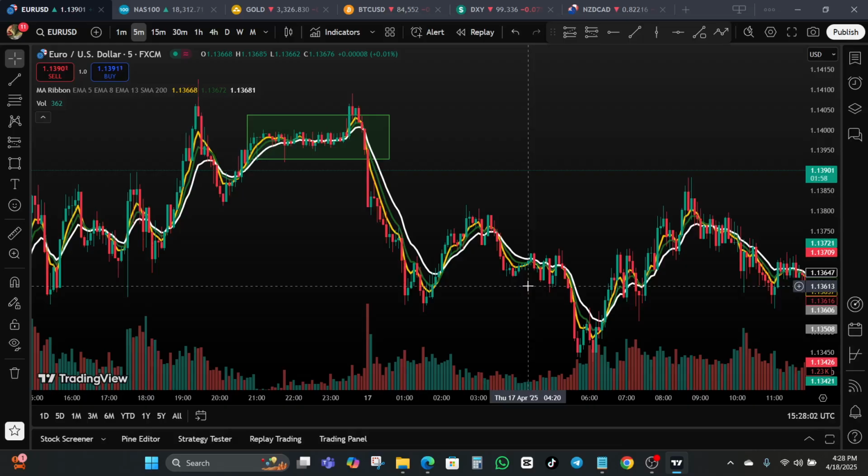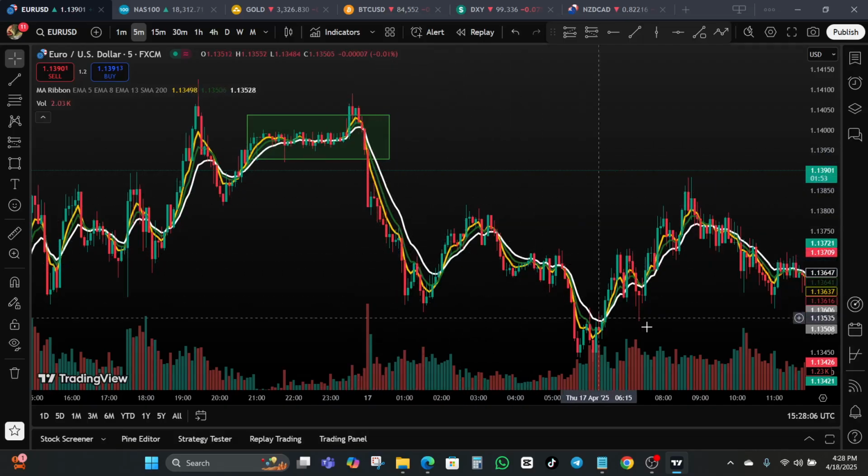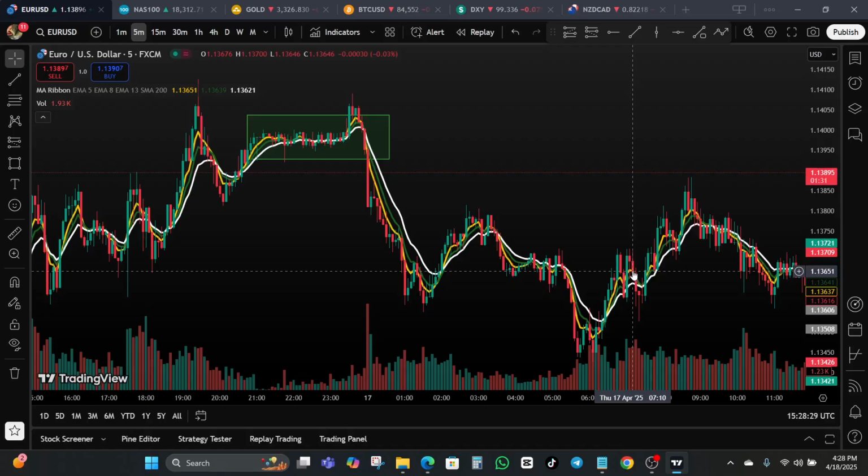So basically, when the market is trending, be it a downtrend or an uptrend, this strategy keeps you in flow with clean entries, short stops, and fast decision making. So whether you are scalping gold, major forex pairs, or indices, this method adapts well across different markets with just one clean setup.